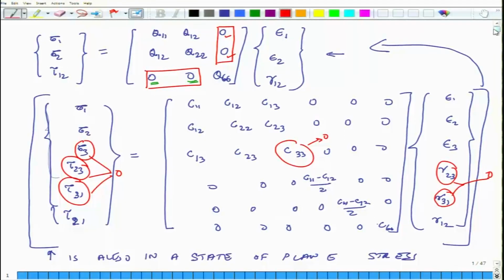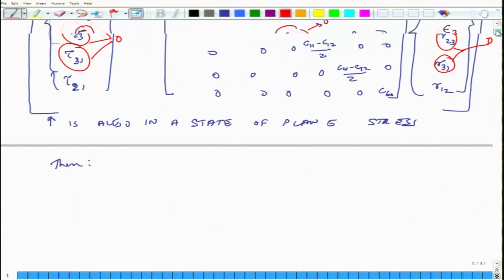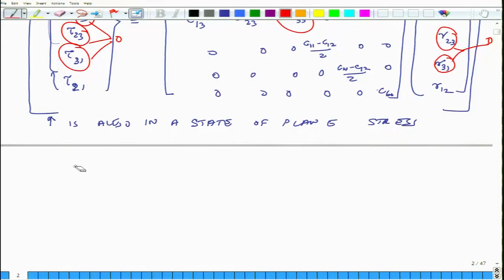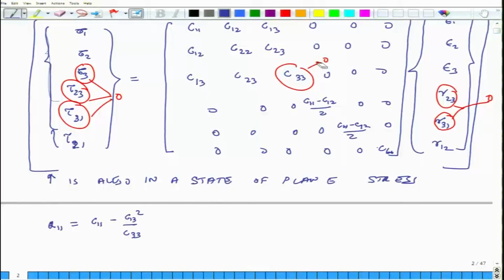So, when you do all this, then you end up with 4 engineering stiffness constants, which are Q11, Q12, Q22, and Q66. So, if we do all this math, then we can show, and we had shown earlier, that Q11 equals C11 minus C13 square by C33. So, actually I made a small error, this is not 0, but epsilon 3 is 0.